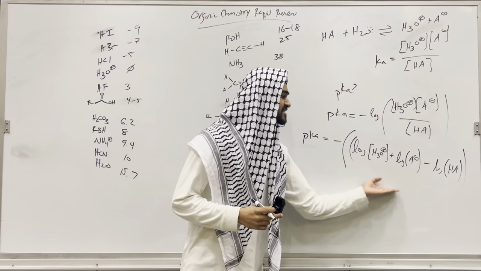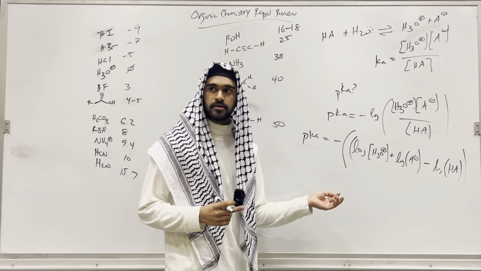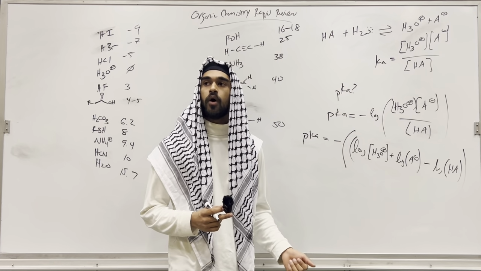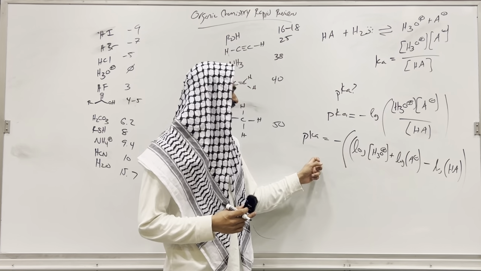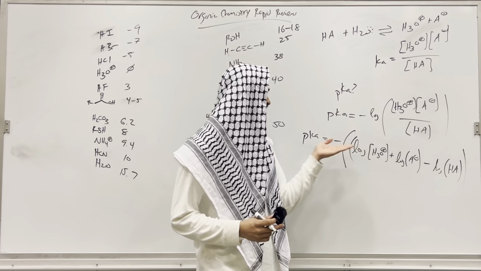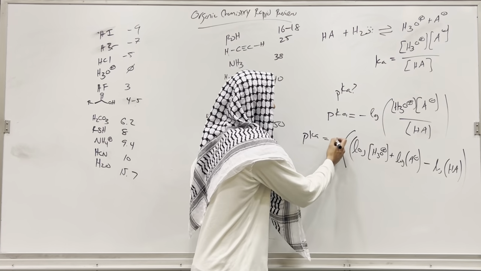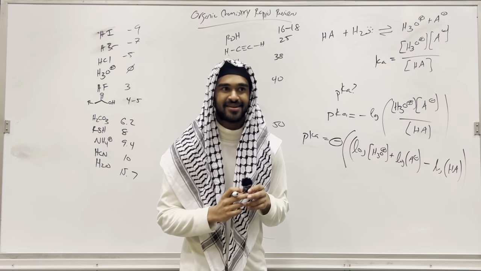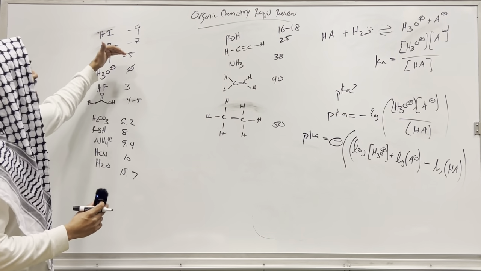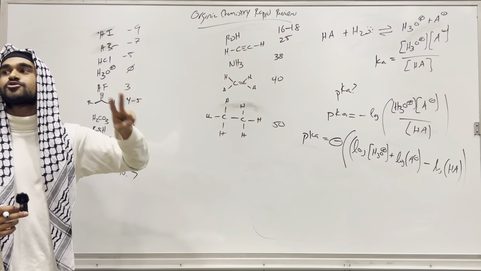So now this is easy to see why. Increases in the dissociation are going to increase this and this. And if this goes up, it looks like the pKa is going to go up, but remember, it's going to go down. Increases in these are going to bring the pKa down. So a lower pKa means more dissociation, which means a stronger acid.